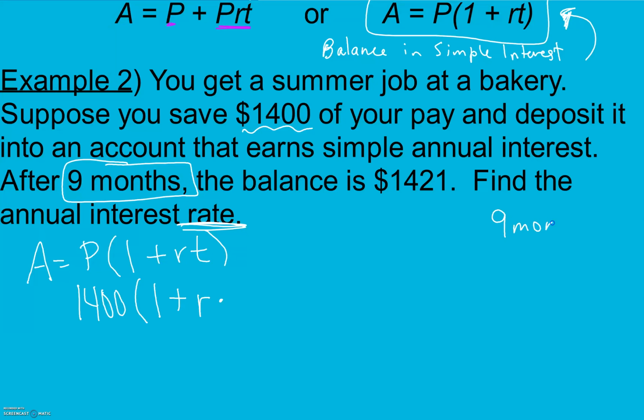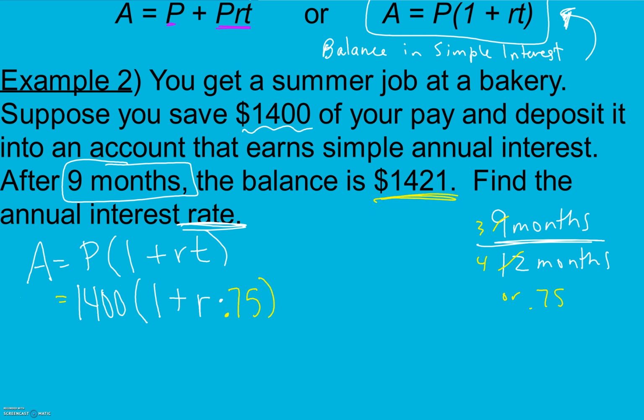So 9 months out of a year, remember this needs to be in terms of year, 12 months. That reduces down to 3/4 or 0.75. And here it tells us that the balance is $1,421. So we plug in values based off the information that we have in order to find what we're looking for. And here we're looking for the rate.